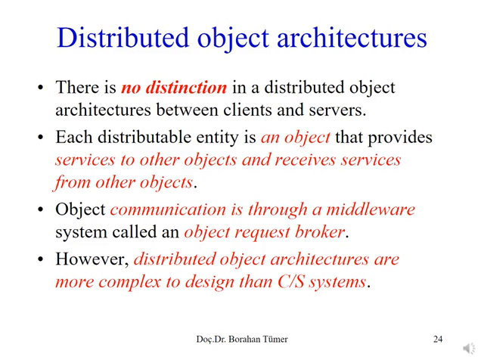Again, as in the client-server architecture, there is a middleware that provides the communication of objects. The middleware in the distributed object architectures is called Object Request Broker. However, the distributed object architectures are more complex to design than client-server systems.